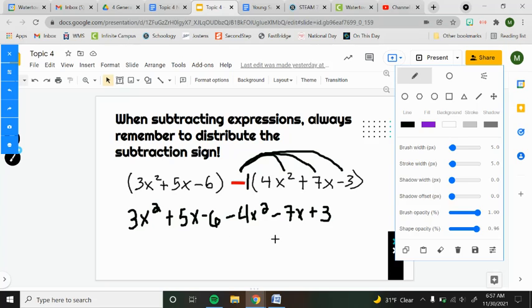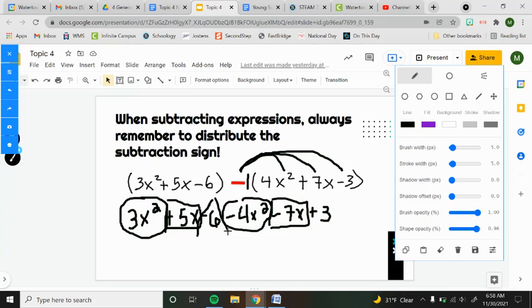Now we have an expression where we are basically just combining our like terms. Our like terms in this situation would be 3x squared and -4x squared, positive 5x and -7x. Excuse my bad handwriting, I'm literally writing with my mouse. And then we've got -6 and +3.